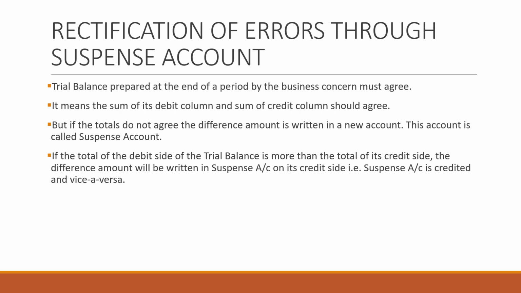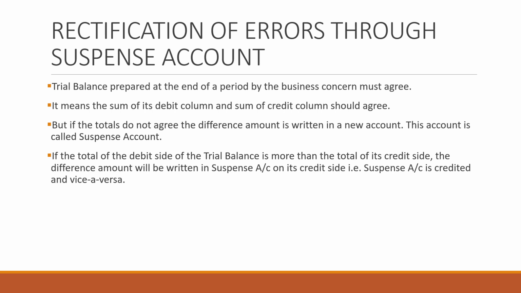So if it happens that the debit column is greater than the credit side, the suspense account will be on the credit side. Also, if the credit side is greater than the debit side, the suspense account will be on the debit side.